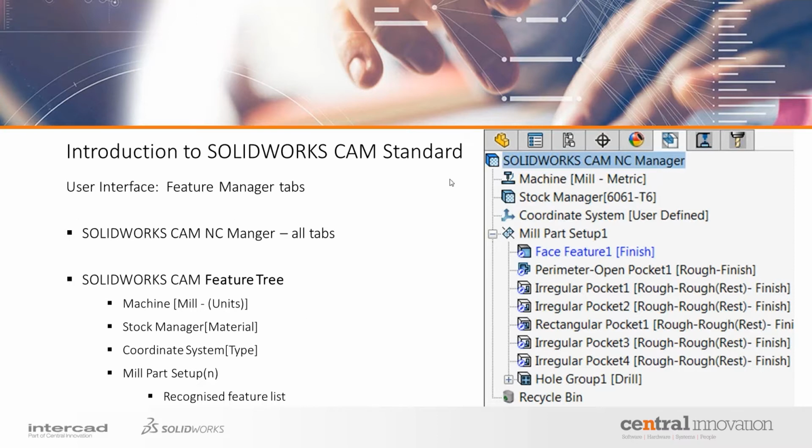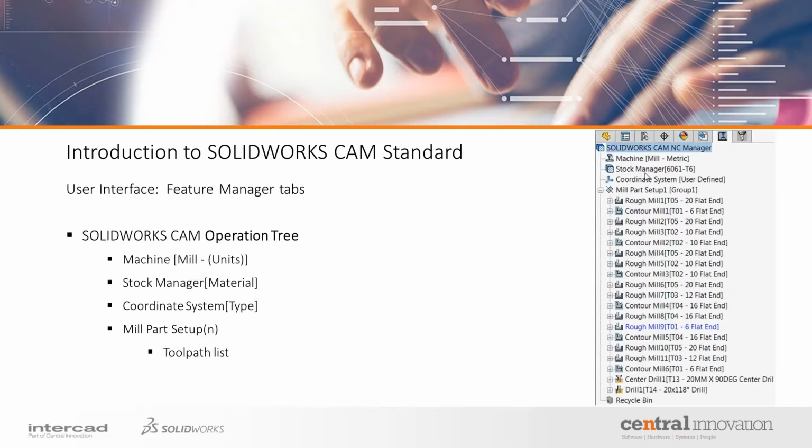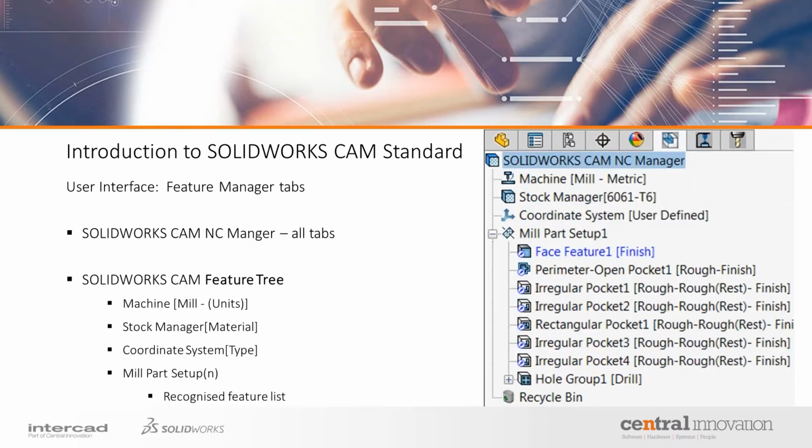So that's the first tab, which is this one here. If we move to the second tab, which is the operations tree, you'll notice that you've got the same icons towards the top, but under the mill part setup, what we'll see here is the actual operations. If I just go back to the previous slide, what we see under the mill part setup is actually the recognized feature list.